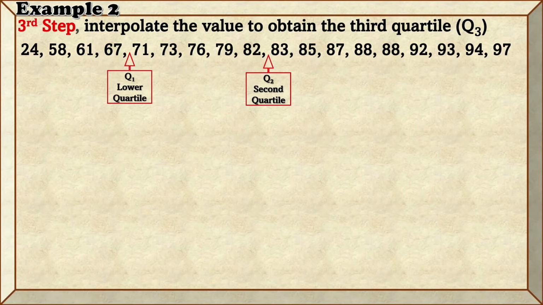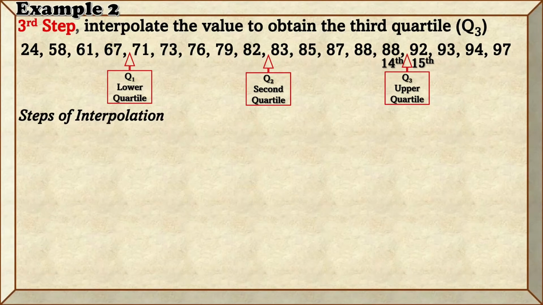So we have the third step: interpolate the value to obtain the third quartile. Our 14th score is 88 and our 15th score is 92, so the position of the upper quartile is between the 14th and 15th scores.